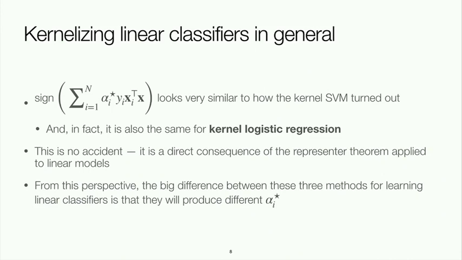So if we take this perspective, these solutions all look pretty similar, at least at a high level, right? Really the big difference between these methods is that they produce different alpha stars, right? They all produce this form of theta that can be written in this way, but all of the alpha stars that we learn are going to be different, okay? So what was it for the perceptron? The perceptron's alpha stars are counts, right?